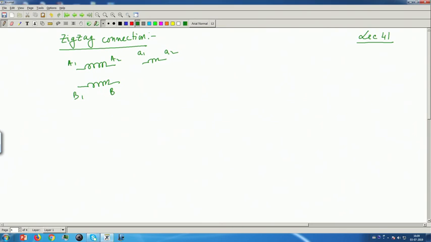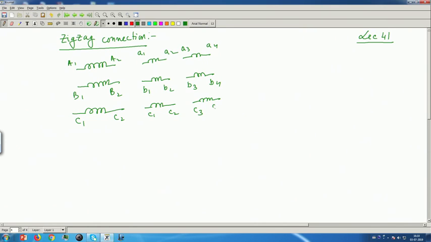The A phase primary will have 2 coils, A1, A2 and A3, A4, and then small B1, B2, and here it is B3, B4, and finally, the C phase. And I have assumed these dots are odd numbers.